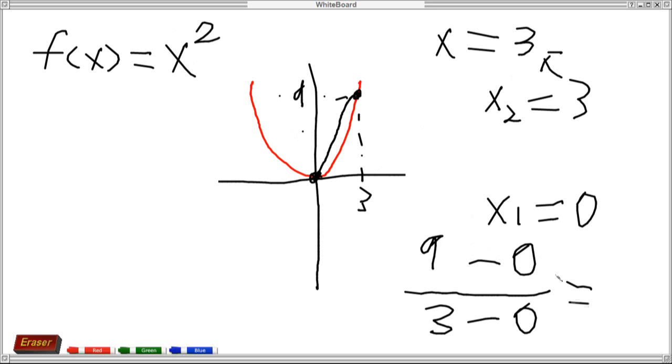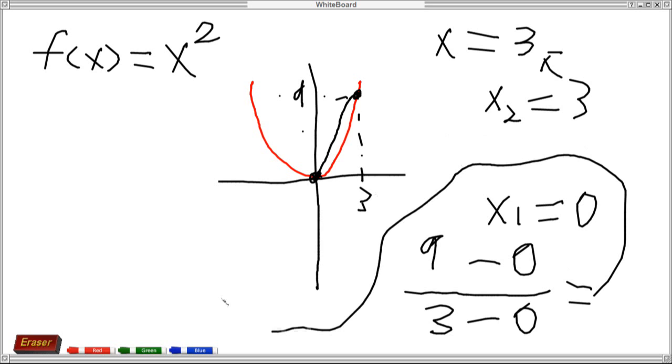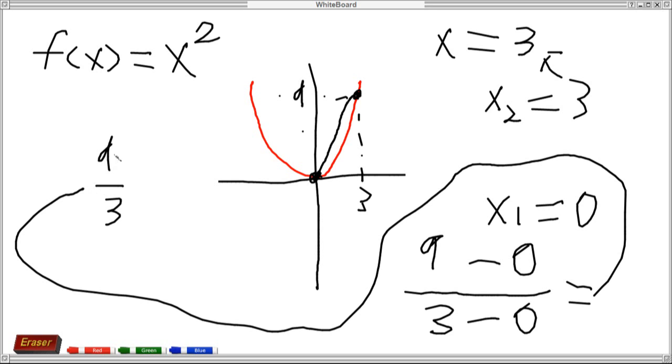Okay, and that leaves 9 divided by 3, which simplifies to 3 over 1, which equals 3.